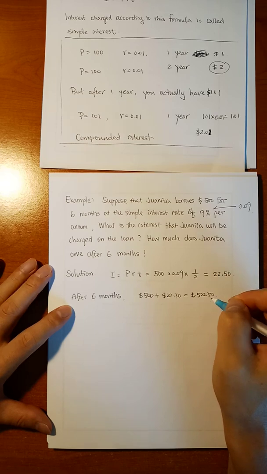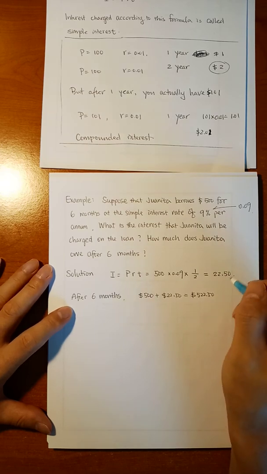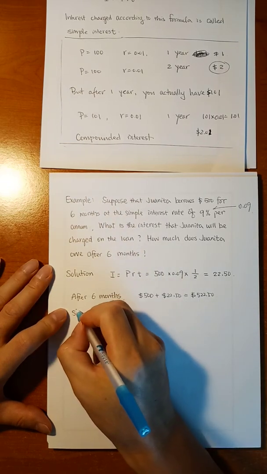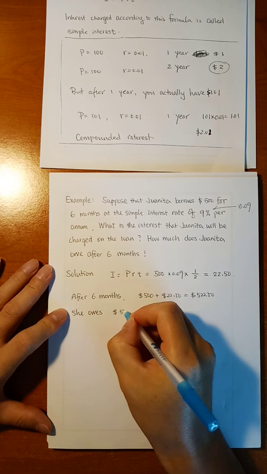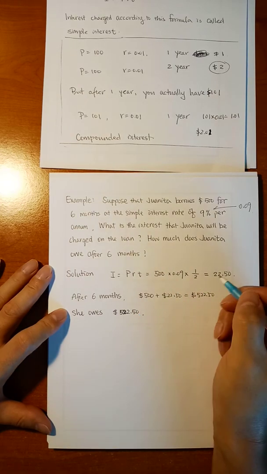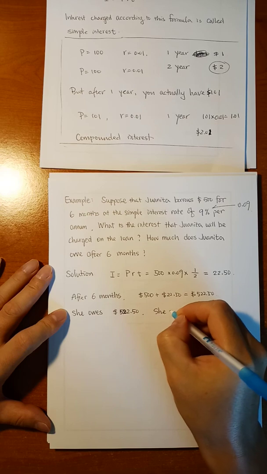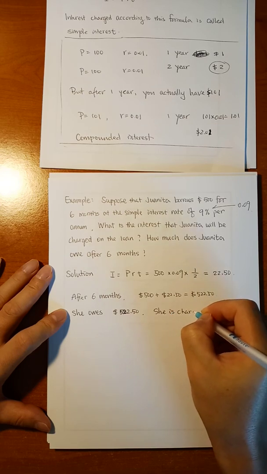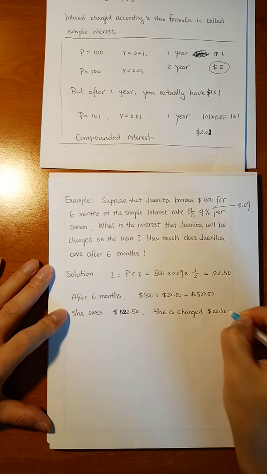This is the amount of money Juanita owes: $522.50. And the interest charged is $22.50.